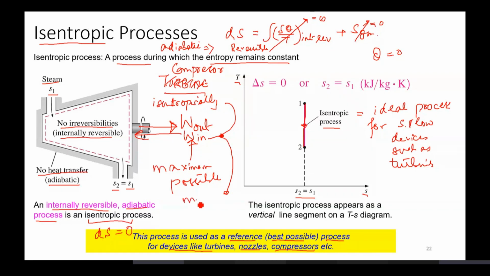It would be the minimum possible work input required. When you want the work output from a turbine, an ideal process, which is an isentropic process, would give you the maximum work out from the turbine. But if you're talking about a compressor which requires work input, you have to provide work input. So in an ideal case, which is an isentropic case, you will have to give minimum work input in order to run the compressor. Clear enough?